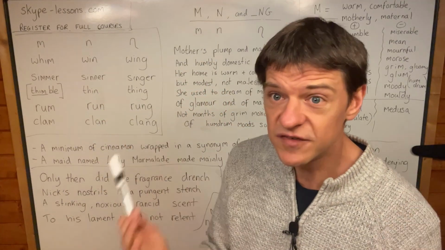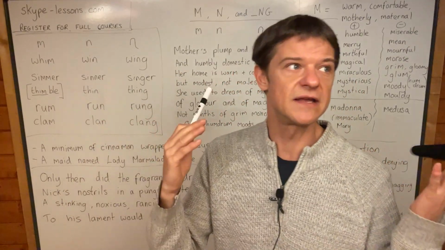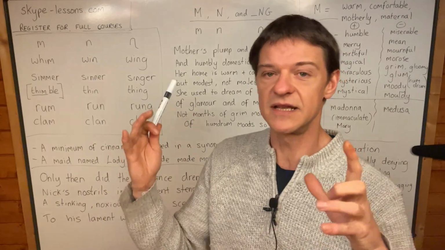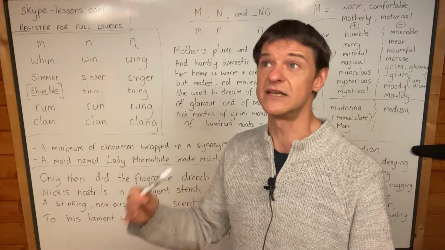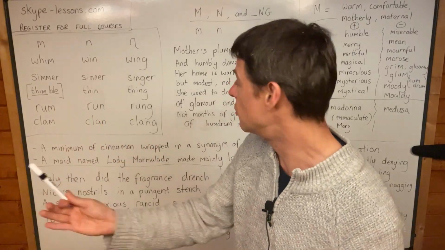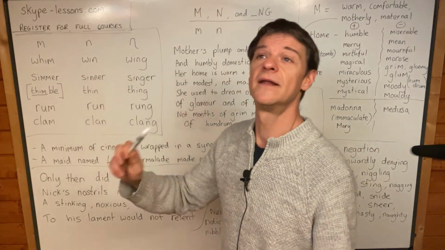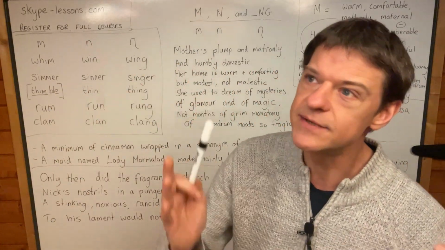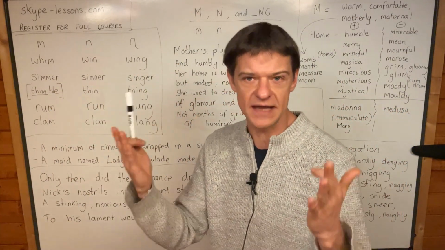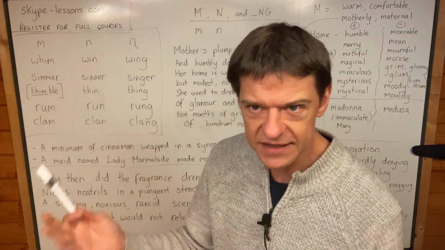Sinner is a person who sins. Sin is a religious concept, and it's when a person does something against God's law. When somebody transgresses God's law, they sin and they become a sinner. And of course, we are all sinners, and even Adam and Eve, after the Garden of Eden, they became sinners, yeah?